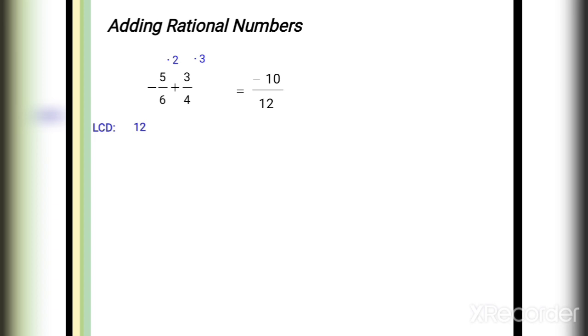So 5 twos are 10 and 3 threes are 9. So it will be minus 10 by 12 plus 9 by 12. When we solve it, we take the sign of the greater digit, and we will get minus 1 by 12.